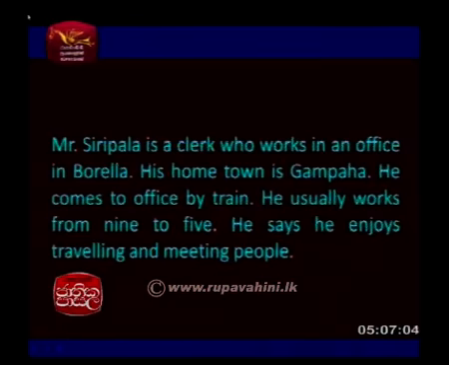He usually works from 9 to 5. He says he enjoys traveling and meeting people. I think almost all the information is included there. Yes, when you look at the chart, you can see all the information given in the chart is included here. So now what is our task, Tiranya?